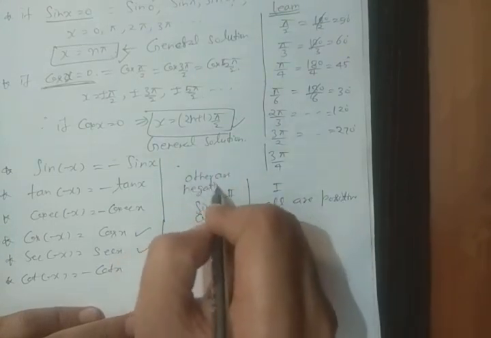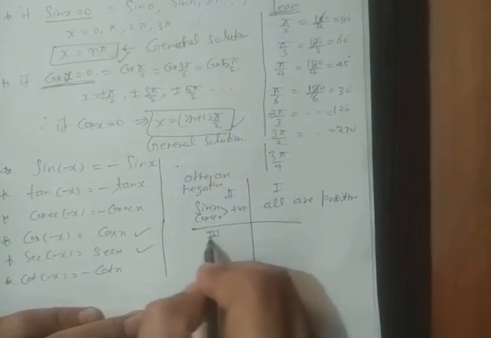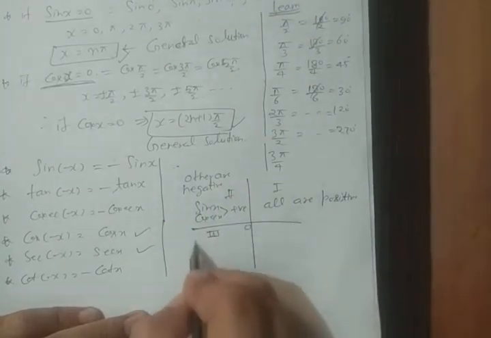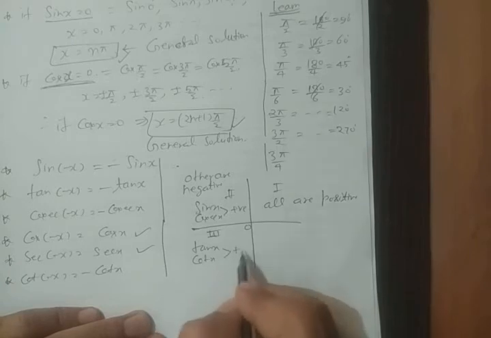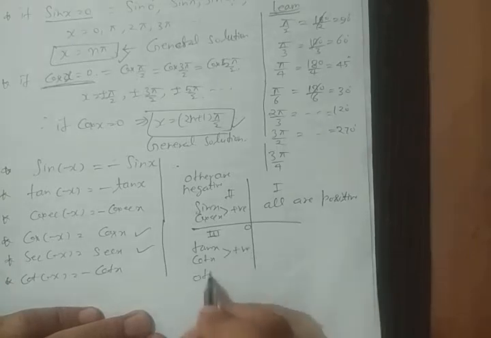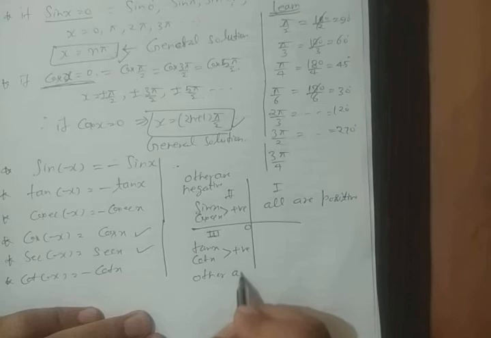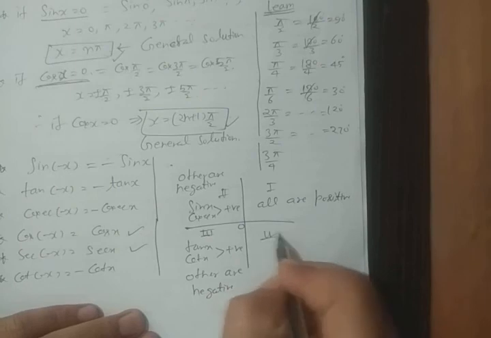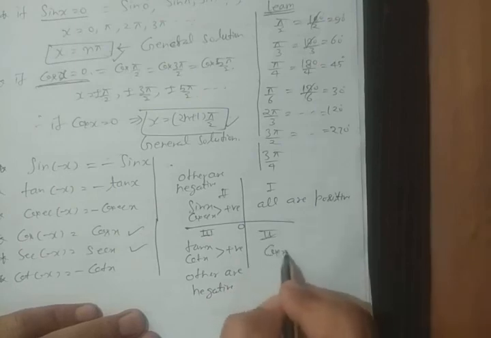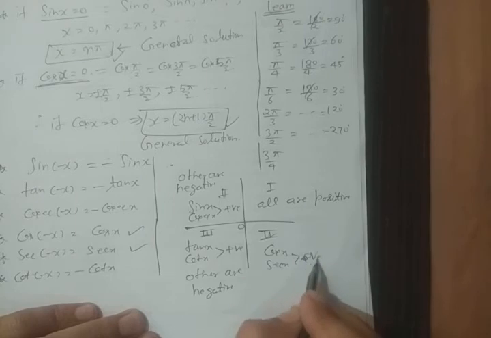In third quadrant, tan x and cot x are positive, others are negative. In fourth quadrant, cos x and sec x are positive, others are negative.